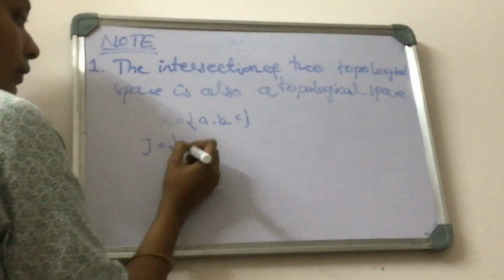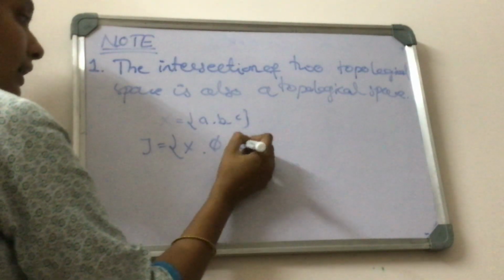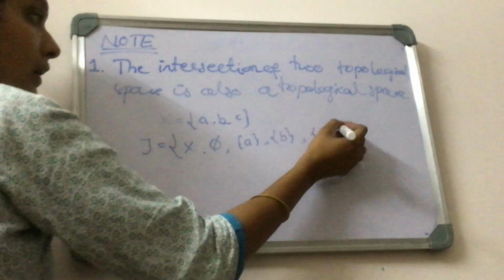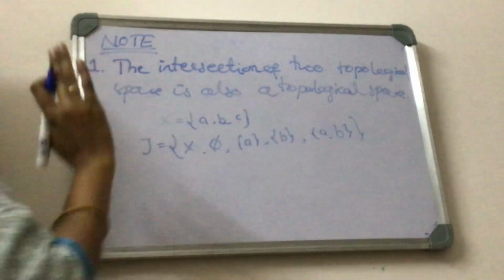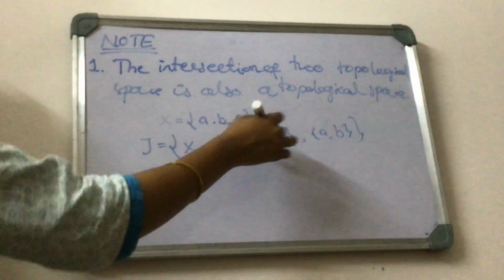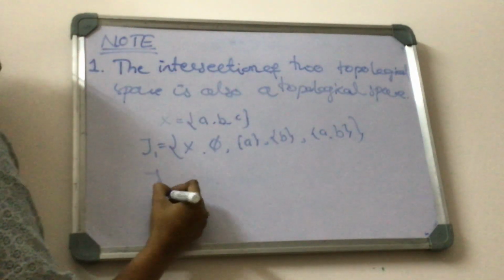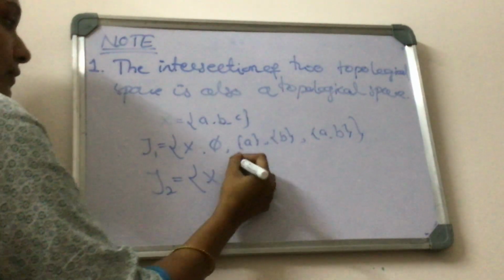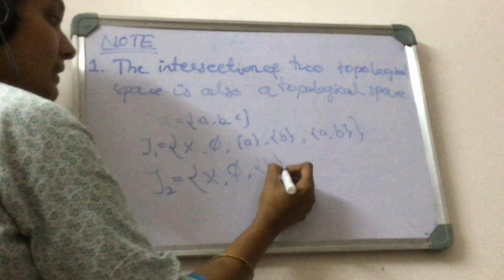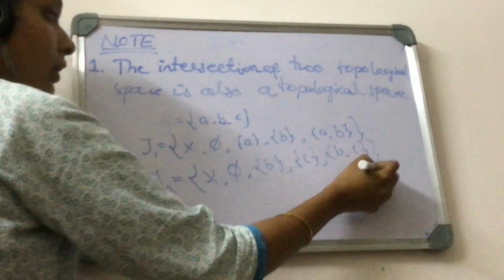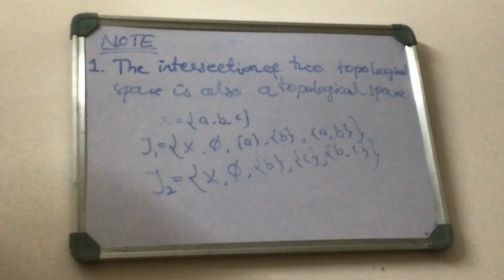Tau 1 is equal to X, phi, {A}, {A, B}. This forms a topology on X. So you can check the unions and see that this is a topology. Take tau 2 as X, phi, {B, C}. Okay, this also forms a topology on X.